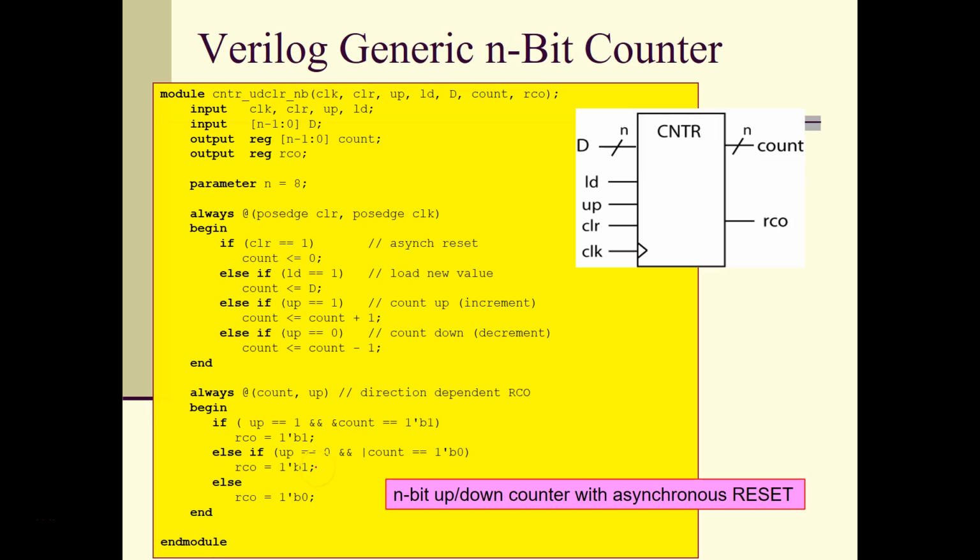Or if it's counting down and all the bits are 0, that's what this little thing here says with this operator. It also turns the RCO on. Otherwise, it turns RCO off. So once again, it's a combinatorial circuit. I have an if, and I have a catch-all with this final else down here. It's going to be a decent looking circuit. It's actually going to work.